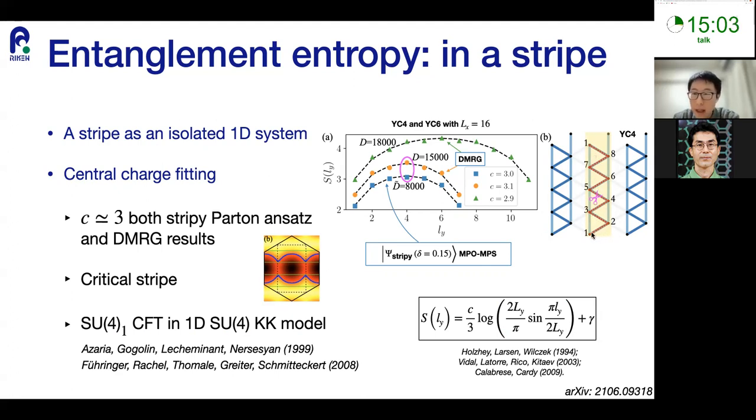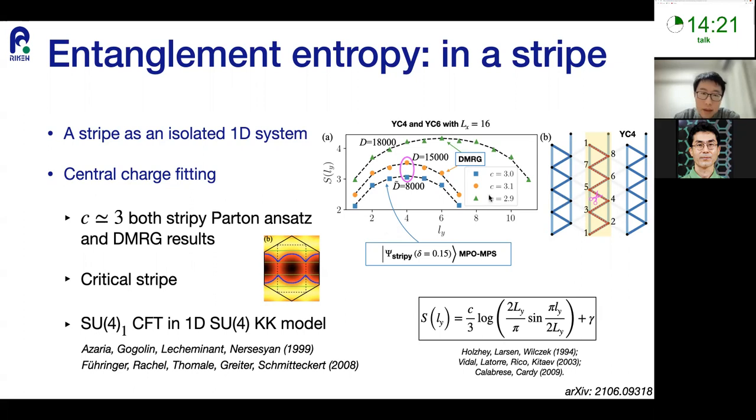one-dimensional system. And so we can measure the entanglement in each of the bonds, and here shows the entanglement results measured from both the parton ansatz and our DMRG calculation. And we use this standard formula to fit the central charge, and both for our ansatz and for the DMRG results, we obtain very consistent results that the central charge equals 3.